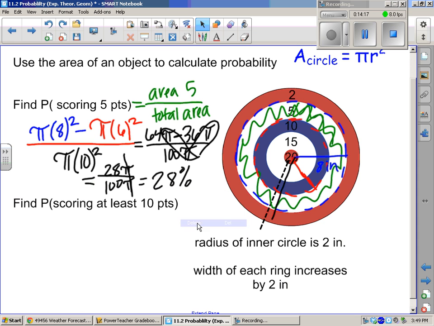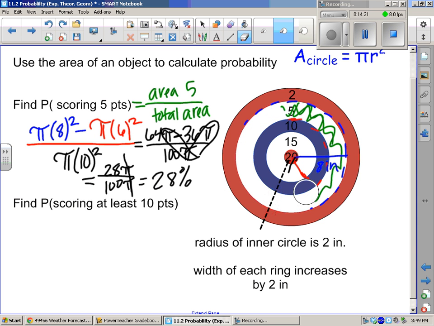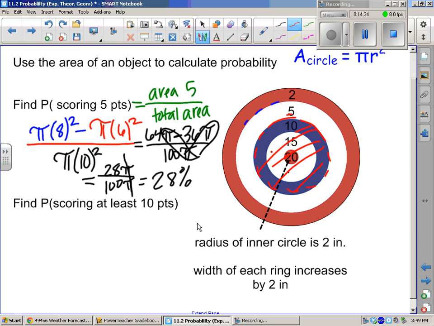Let's do another one. Let me get rid of all my sketching. So here, score at least 10. That means we have to do that whole inner circle, the blue and the white and the little red. So no subtracting. We're talking about all of that stuff, because it says at least, so that makes it a little bit easier. All right, so this is cool. 2, 4, 6.